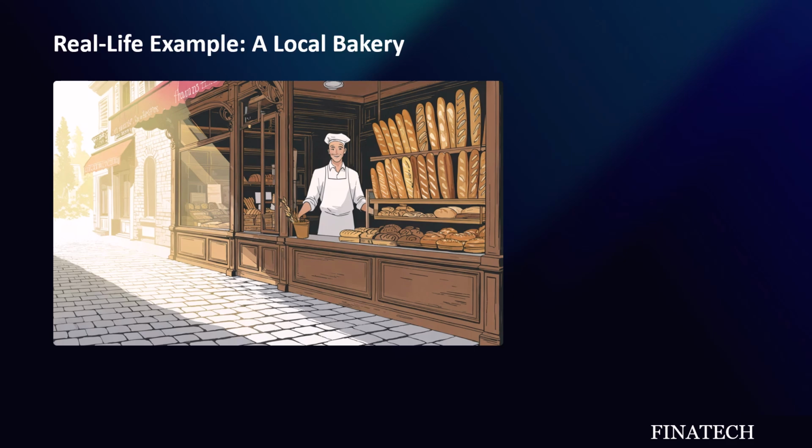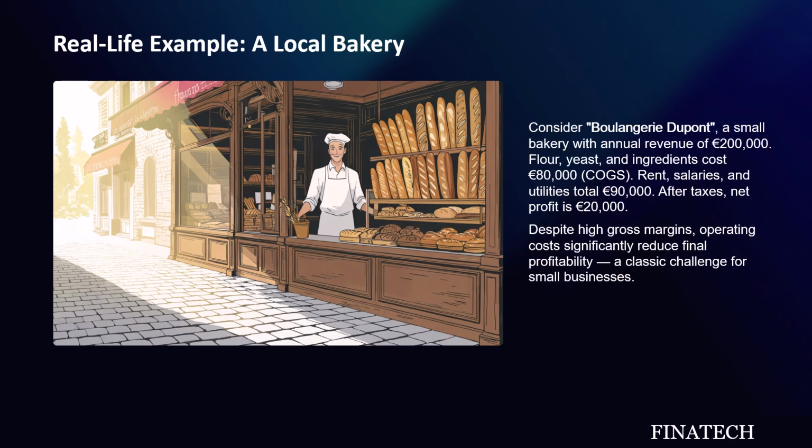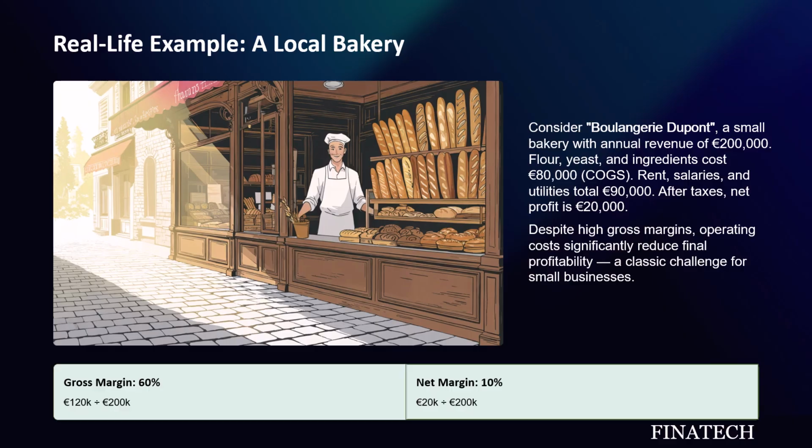This is a real-life example. A local bakery, the Boulanger Depot, a small bakery with an annual revenue of 200,000 euros. Flour, yeast, and ingredient costs are 80,000 euros, COGS.